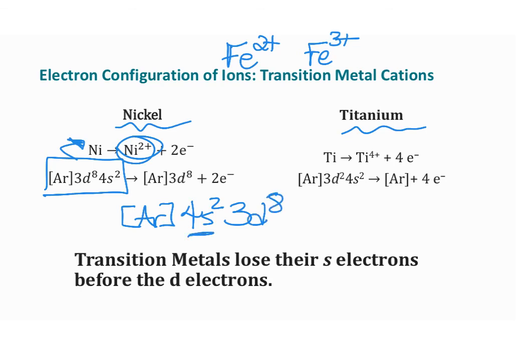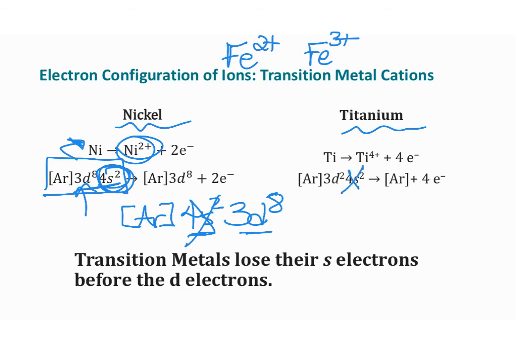Remember the 4s sublevel is lower in energy than the 3d, so most of them are written like this. I've inverted them on this page because when you remove electrons, you remove them from the 4s sublevel before you touch the 3d level. That's true for all transition metals.